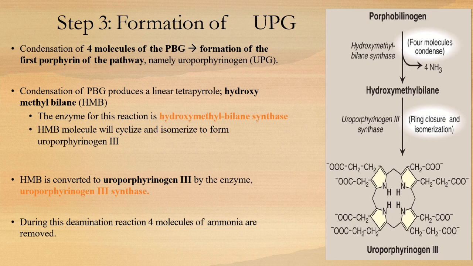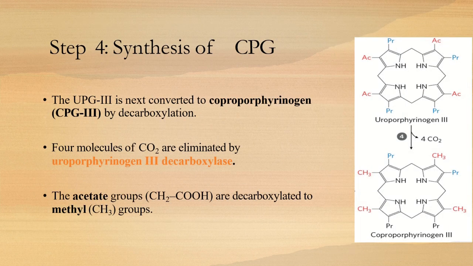The enzyme for this reaction is called hydroxymethylbilane synthase, and this hydroxymethylbilane molecule will cyclize and isomerize to form uroporphyrinogen 3. Hydroxymethylbilane is converted to uroporphyrinogen 3 by the enzyme called uroporphyrinogen 3 synthase, and during this deamination reaction, 4 molecules of ammonia are removed.